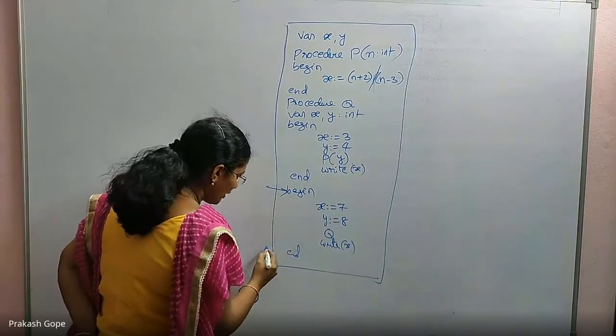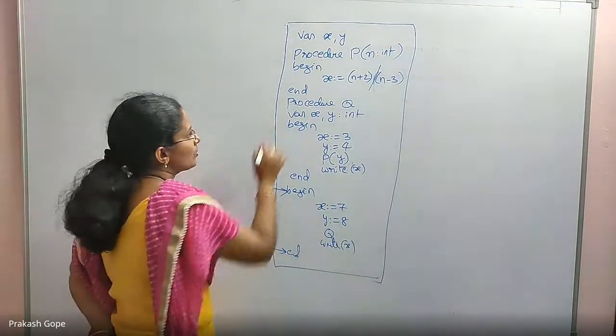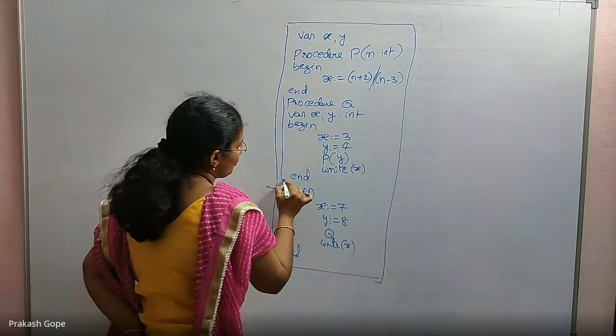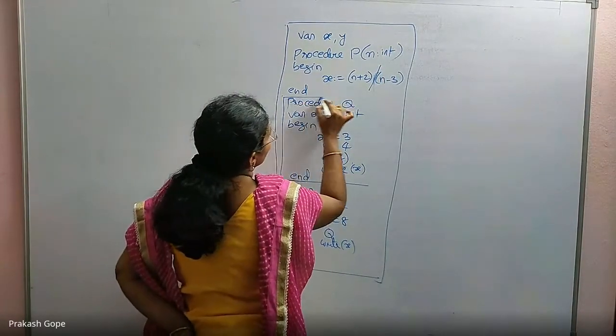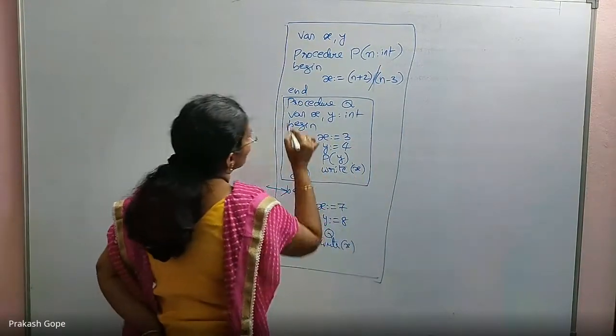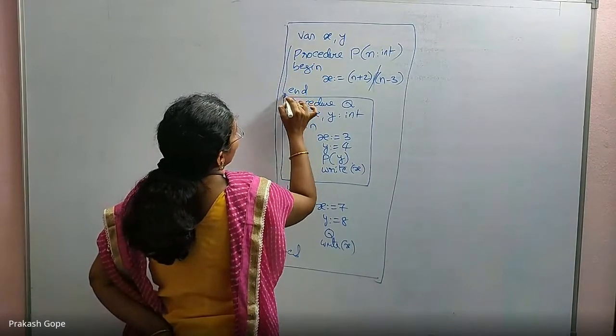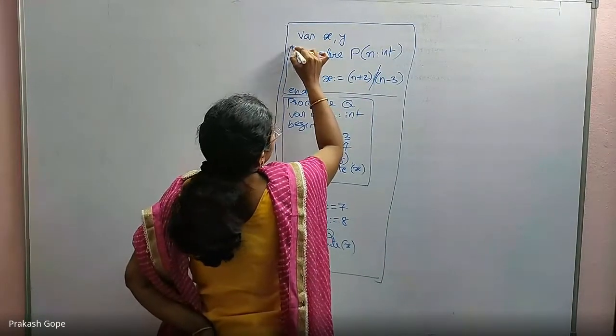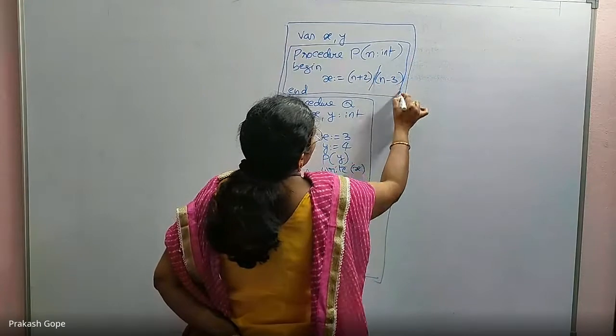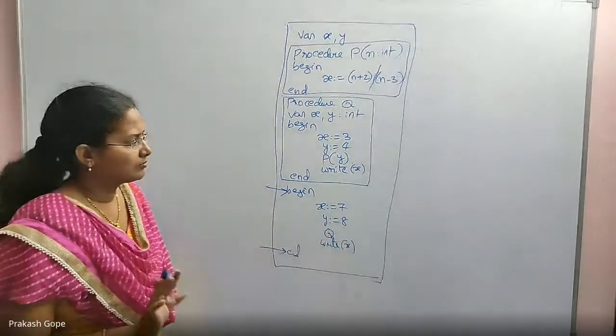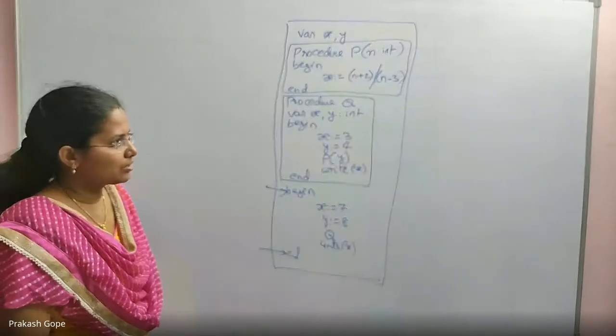Execution starts here, ends here, begin, end. And this is procedure Q. This is procedure P. Okay, this is the code given.